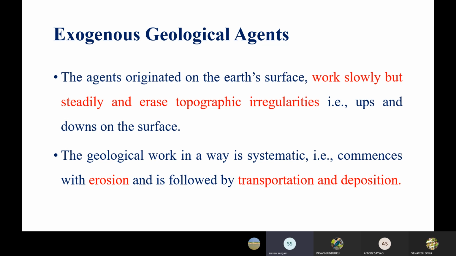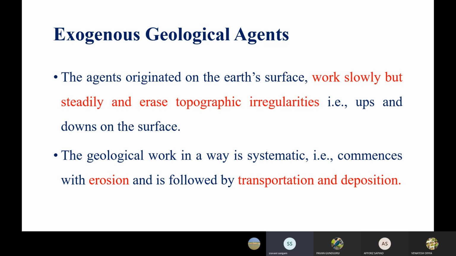So here, some natural forces act on the earth surface. The erosion takes place slowly but steadily, that means the work started slowly and constantly, and over certain times the earth forms irregularities on its surface, that is ups and downs.